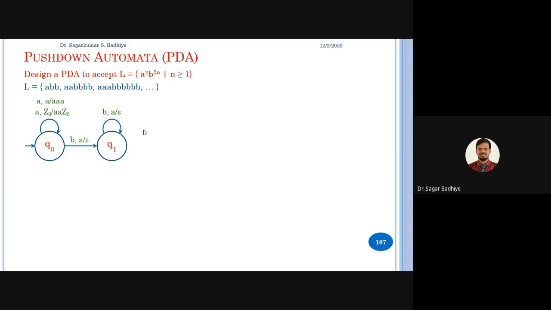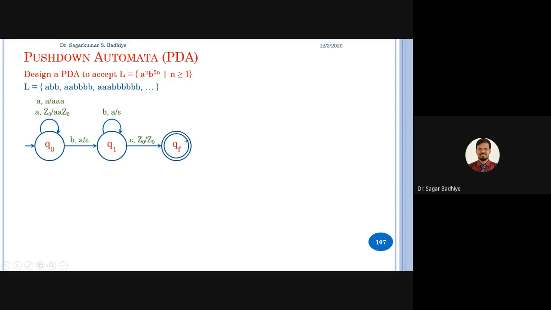And if all the A's are removed from the top of the stack and there is Z0, this means that we have read B equal to the number of A's, that is twice N. Okay, so we'll again traverse to the next final state. That is, if epsilon is the input and Z0 is on the top of the stack, we'll keep Z0 as it is and move to a final state. So this automata will accept the string of this particular form by final state.